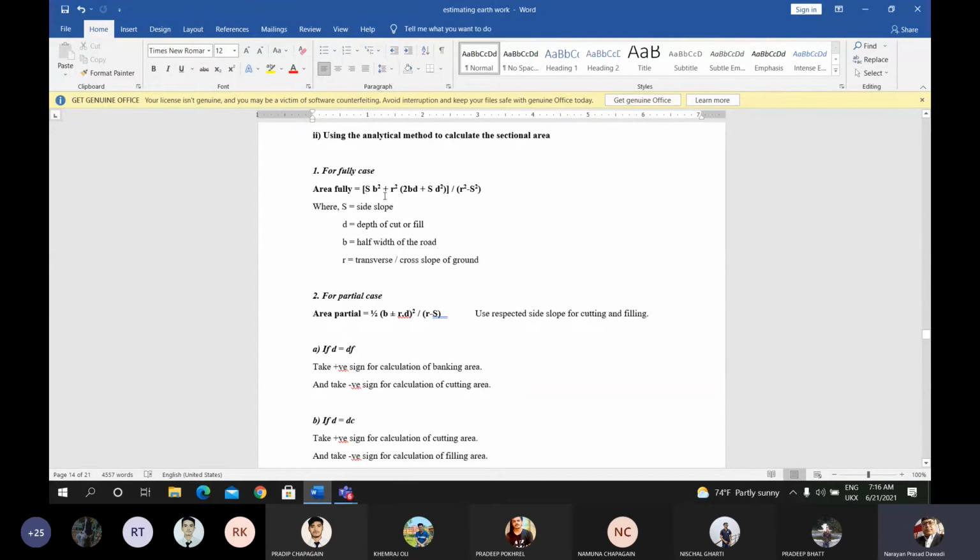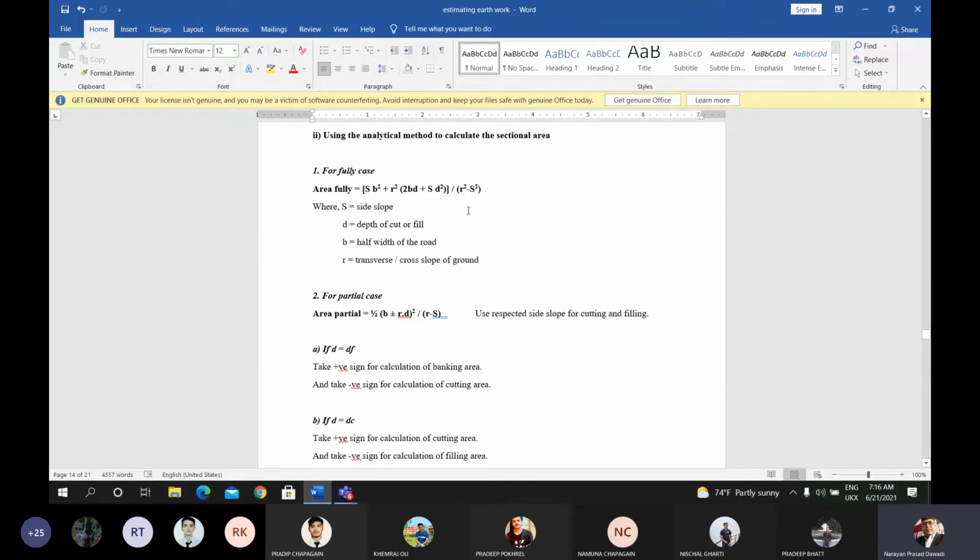If this is the fully case of cutting, then provide the side slope of cutting and the depth of cutting. If that is a fully case, the same formula can be used. Only you change the value of depth and the slope for the respective cutting and filling cases. And the formula is the same.